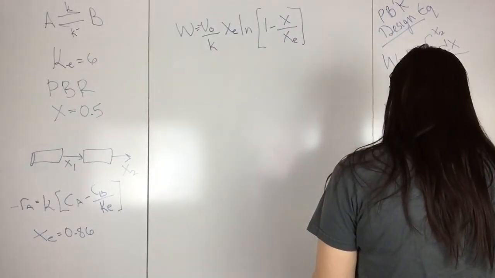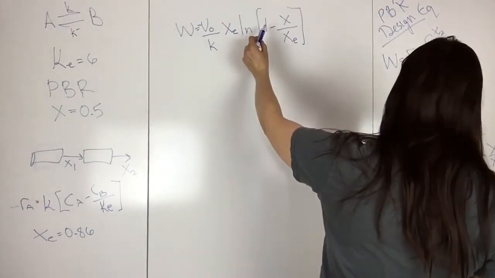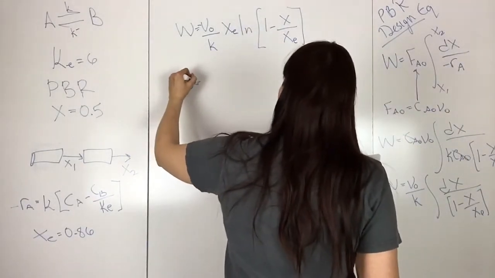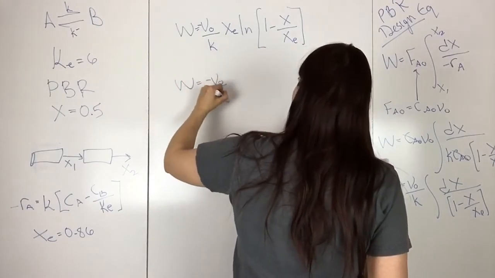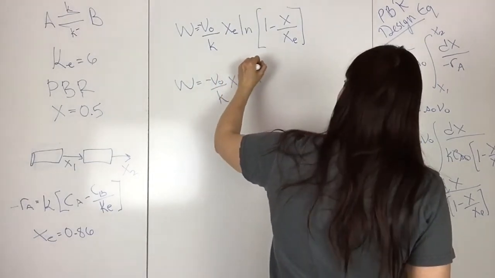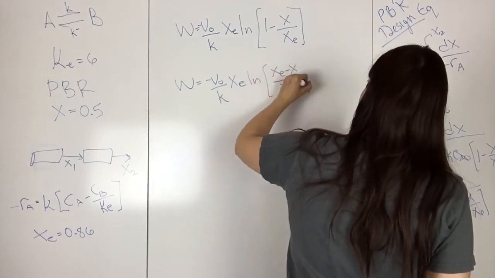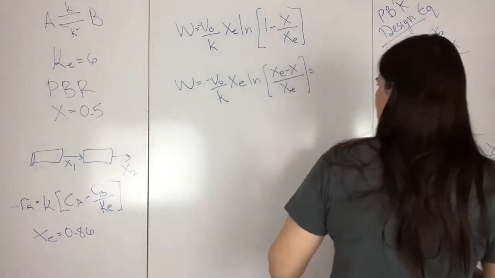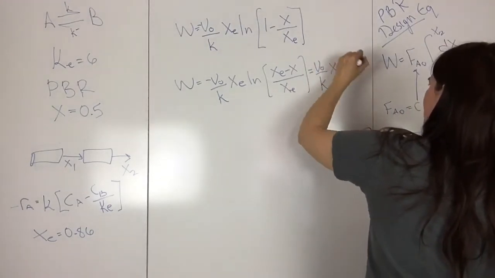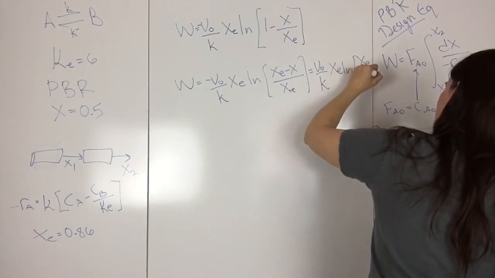And then if we multiply this by Xe over Xe and combine it, we get W is minus V naught over k Xe natural log of (Xe minus x over Xe), and that's equal to V naught over k Xe natural log (Xe over Xe minus x).